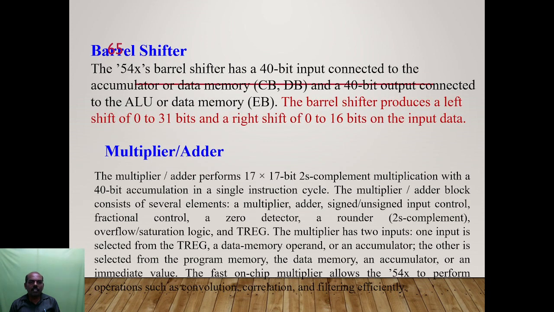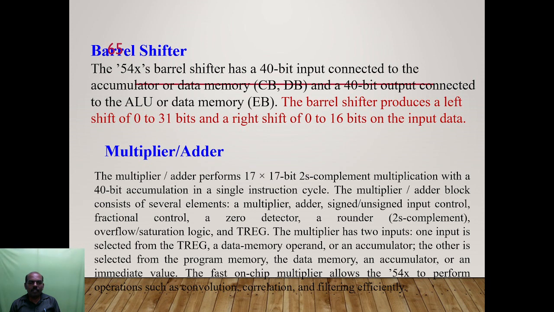Parallel shifter. The parallel shifter produces a left shift of 0 to 31 bits and a right shift of 0 to 16 bits on the input data. Multiplier or adder. The multiplier adder performs 17x17 two's complement multiplication with 40-bit accumulation in a single instruction cycle.